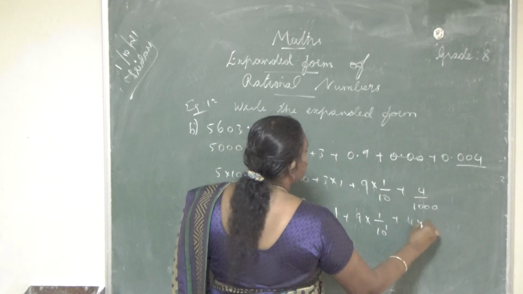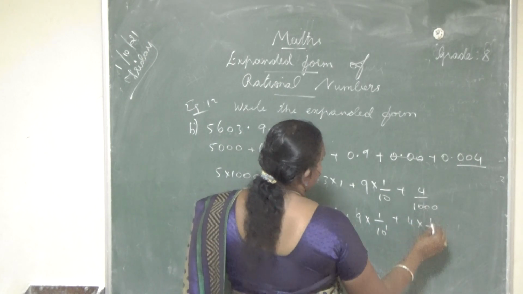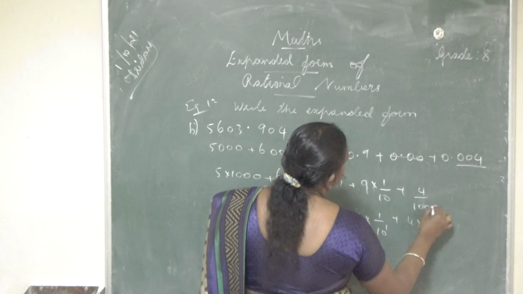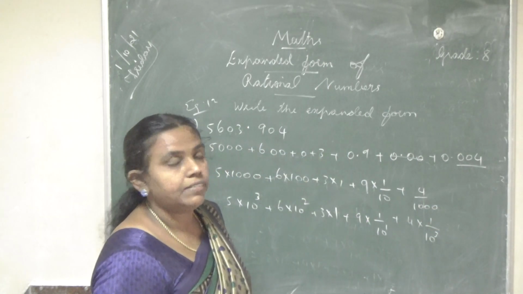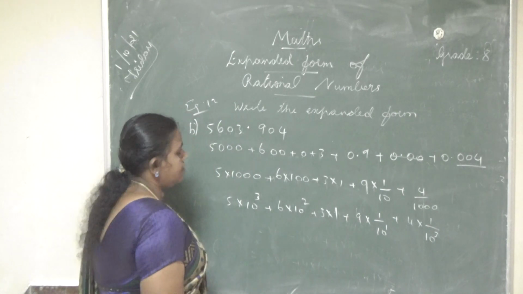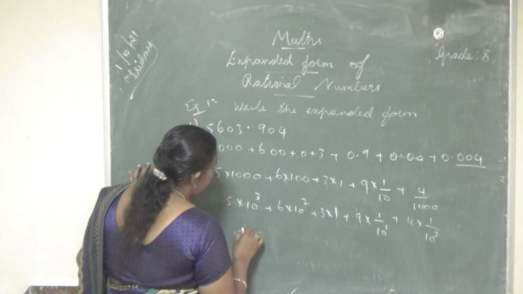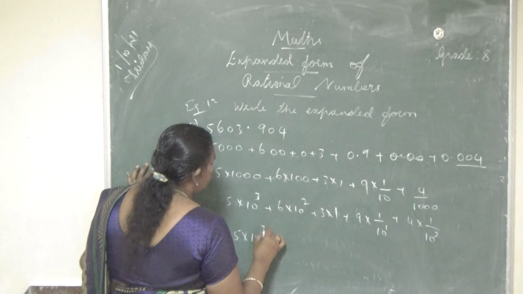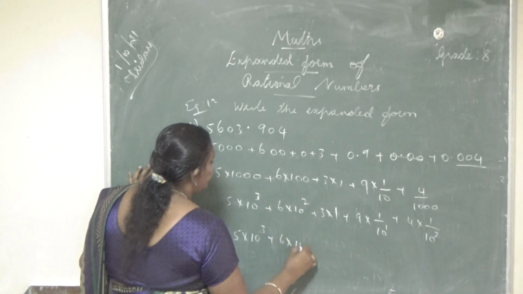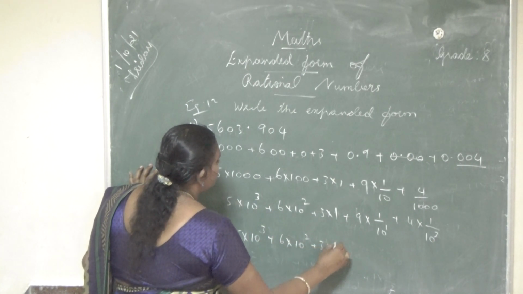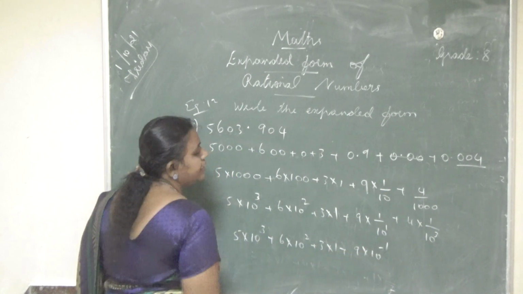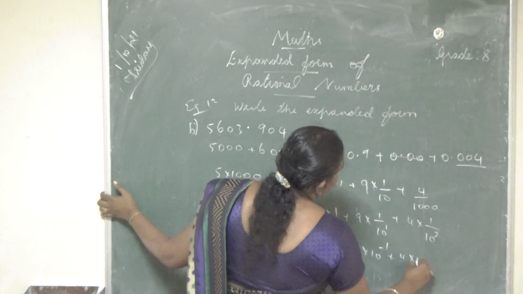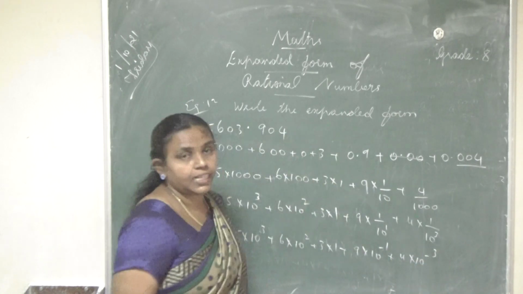Plus 4 into 1 by 10 to the power 1, 2, 3. Clear? Next, again we have 5 into 10 cube plus 6 into 10 square plus 3 into 1 plus 9 into 10 to the power minus 1 plus 4 into 10 to the power minus 3.